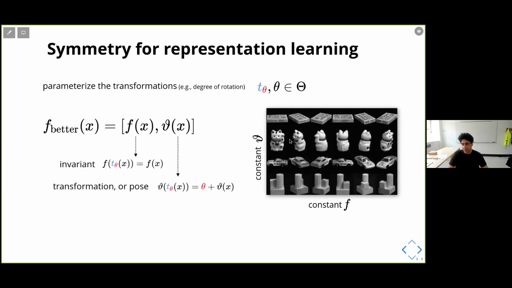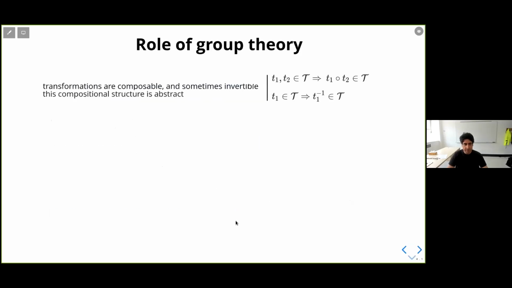We're transforming the input objects. We have some part that is constant as we transform the object, and some other part that changes with the transformation. This is one specific manifestation of equivariance, and in order to define this more formally, we need groups.